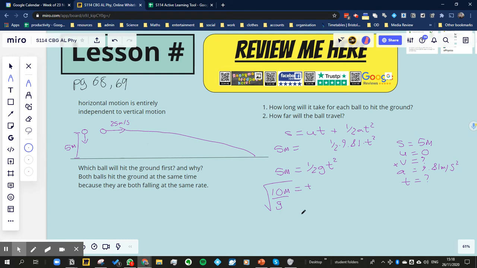So we could actually use the same formula. This is horizontally now, so I'll do an arrow to show horizontally, and earlier on I couldn't do an arrow to show vertically. Horizontally, s is equal to ut plus half at squared.